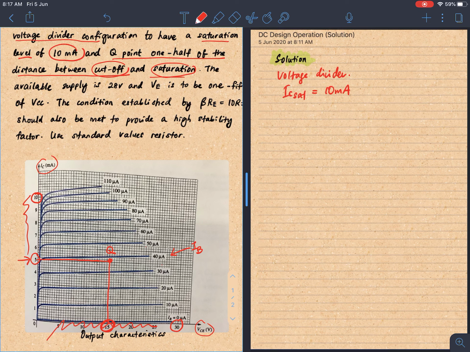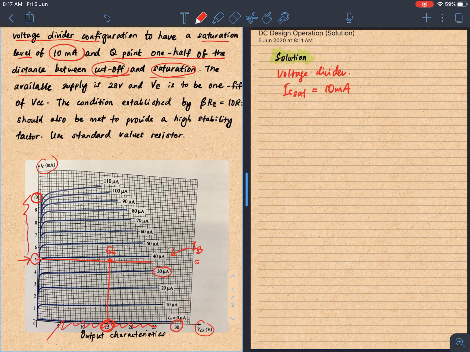So when I do it like this, the IB is more than 35. This is 30, so if we see the scale here, it is more than 35. So I assume that the IB equal to 37 microampere.